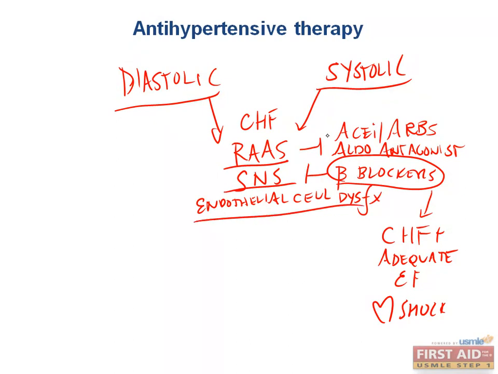We can treat the activation of the RAS system with an ACE inhibitor or an angiotensin receptor blocker, and we can prevent the overactivation of the sympathetic nervous system with a beta blocker. You only use beta blockers in patients that have adequate ejection fractions because patients with a decreased ejection fraction are dependent on that last bit of beta adrenergic stimulation to maintain the contractility that they need.